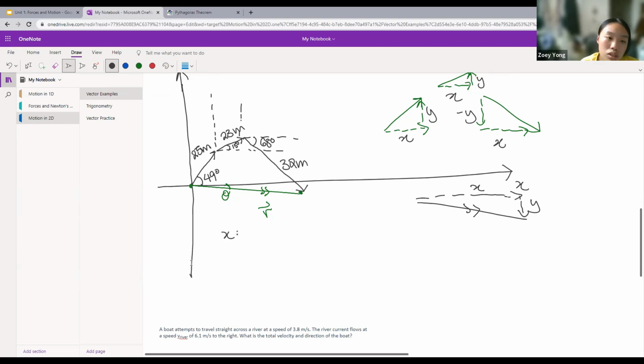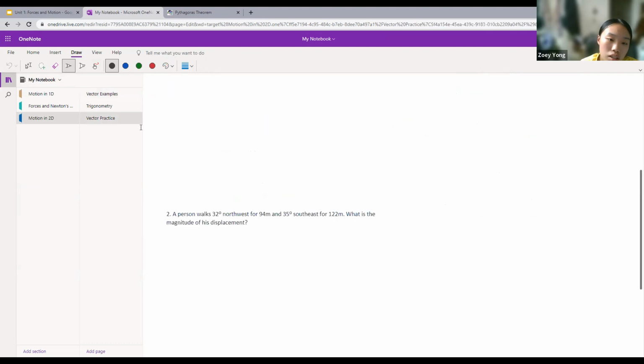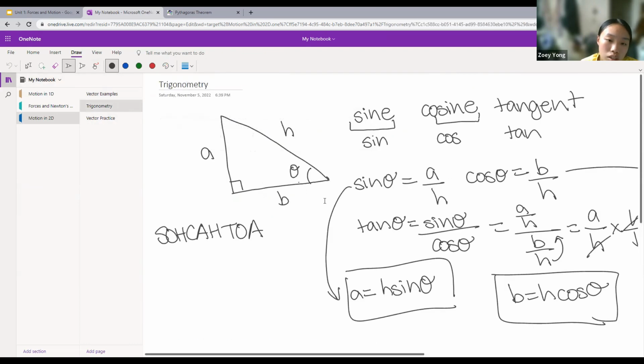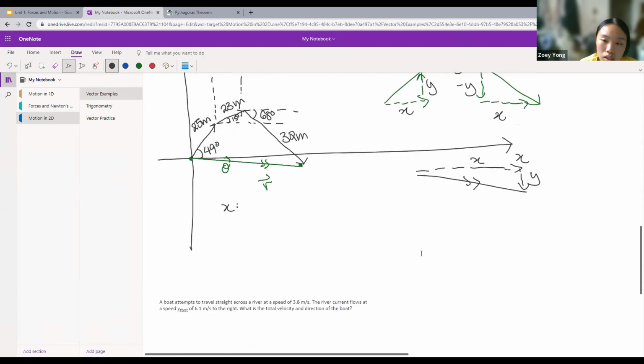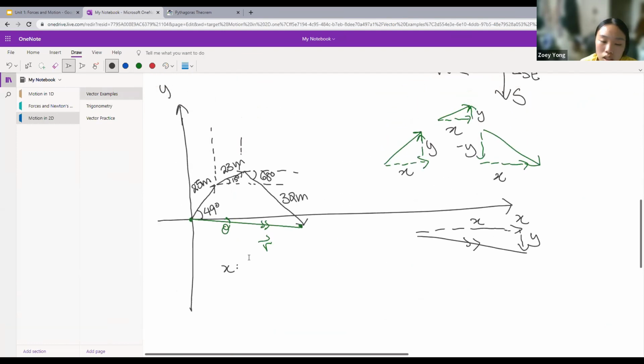From the equation earlier, we saw that the length of the right-left side is b, which is equal to h, the diagonal, times cosine theta. If this was a triangle, we're trying to find this long side.